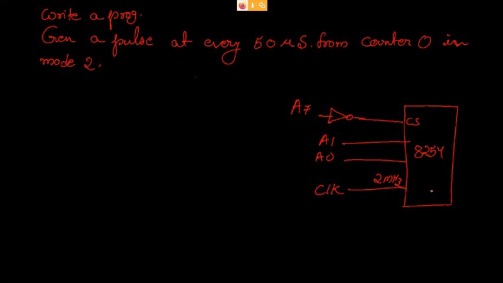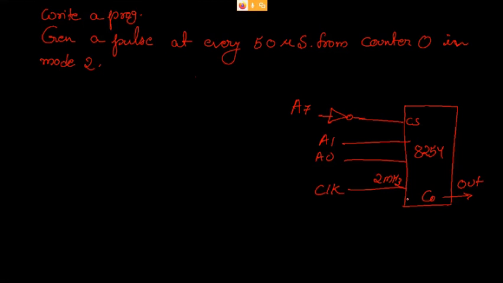So suppose only this part of the circuit is provided, nothing more, nothing less, and the question is to write a program to generate a pulse at every 50 microsecond from counter 0. It does not matter where counter 0 is; counter 0 suppose is here. Definitely counter 0 has got its clock. This is the clock which is connected to counter 0. This is out, assume, counter 0 out.